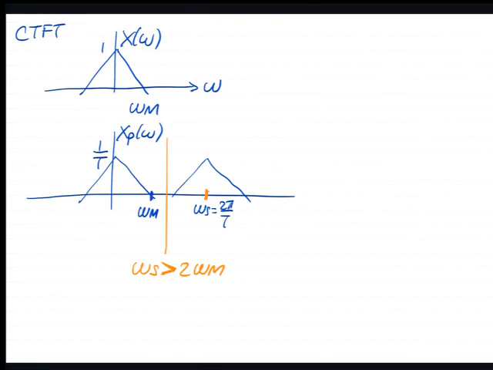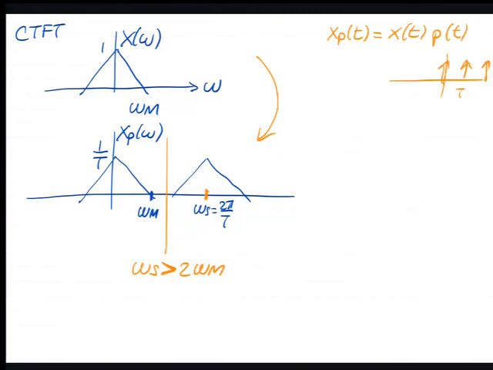Now, the other question is how do you go from here to here? And the trick there is, first we write Xp of t as the product of x of t with an impulse train. This, right? Separated by T. Right? And then the thinking is that this, even though it consists of these impulses, is a periodic signal, so it should have a Fourier series, right?